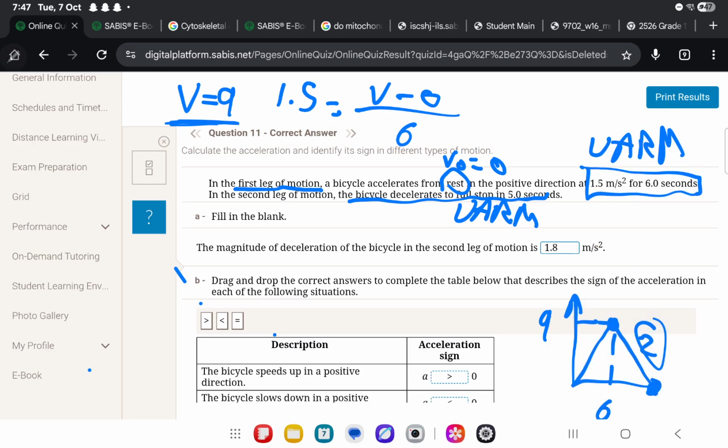So it's going to be 0 minus 9 over 5 seconds. Why? Because they told us the second leg is 5 seconds long, and you obviously know where I got V0 and VF from. So 0 minus 9 over 5 gives me negative 9 over 5, which is negative 1.8 meters per second squared. Done.